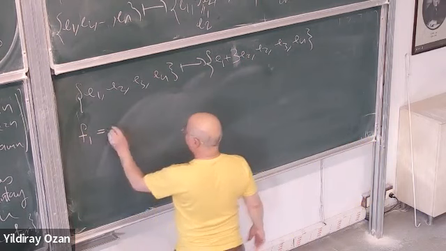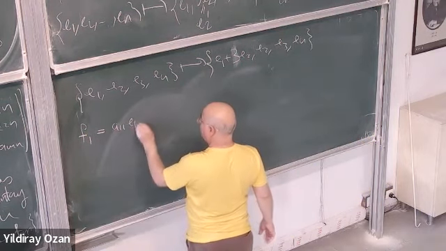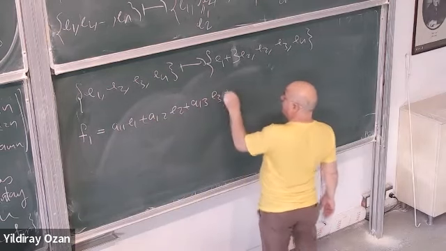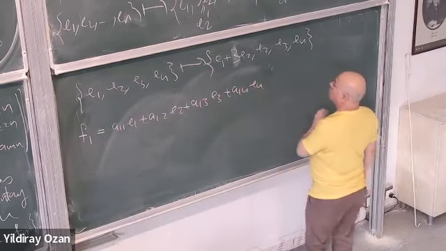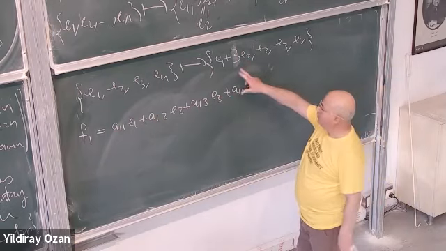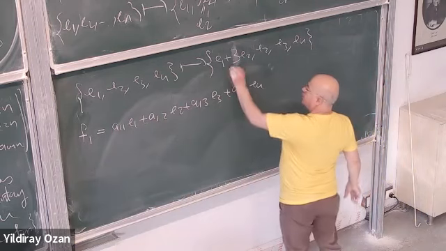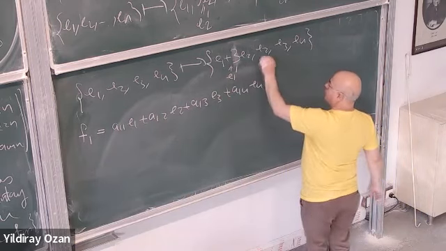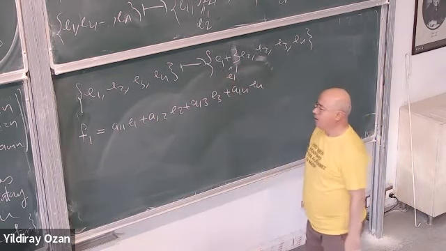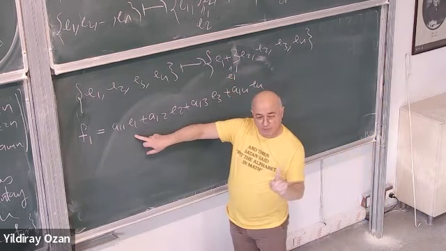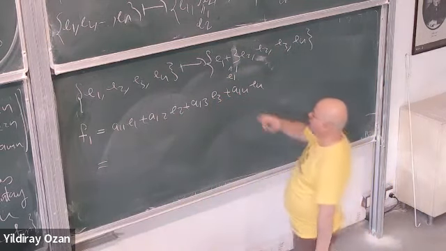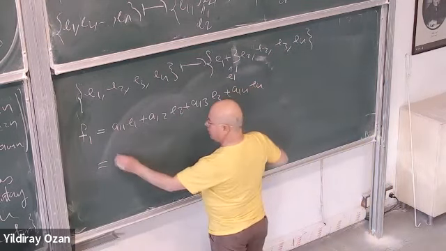F1 was what? F1 was this: A11, A1, A12, A2, A13, A3, A14, A4, right? Now you have, so this is my E1 prime. Instead of E1, I have E1 prime. So here I want to have E1 prime. How can I obtain E1 prime? Well, E1 prime should be this.